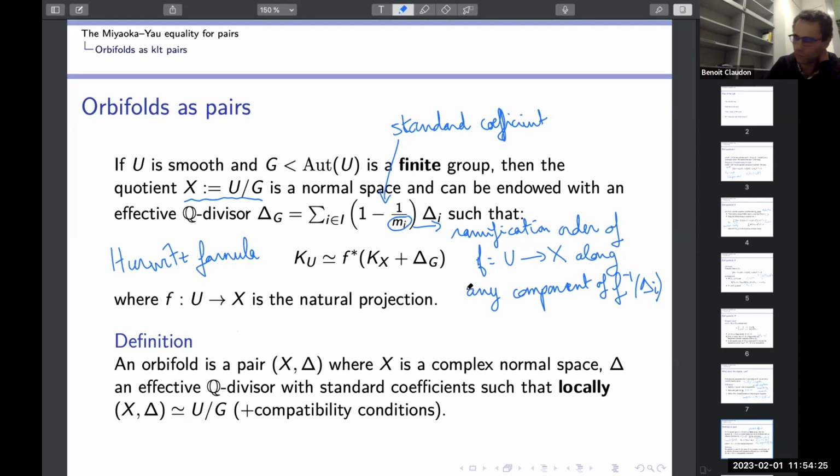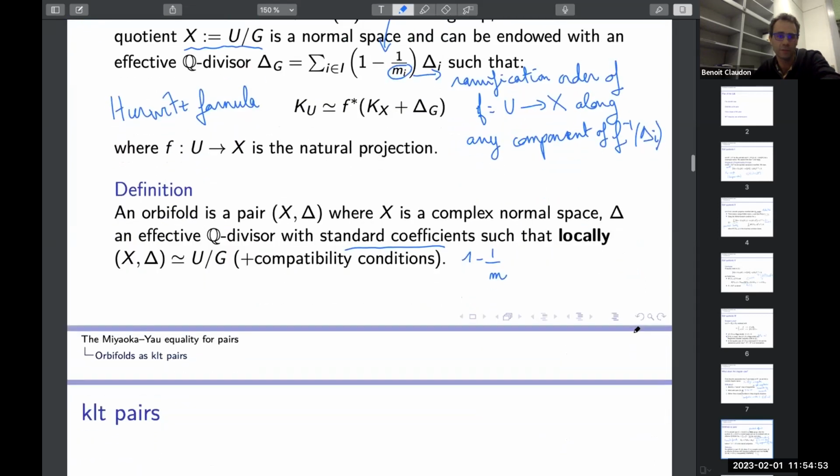From now on, I will say that a pair (X, delta) is an orbifold if X is a complex normal space and delta is an effective Q-divisor with standard coefficients, meaning exactly 1 minus 1 over m, such that locally (X, delta) is built as above as a quotient by a finite group, and of course we have to add a compatibility condition.